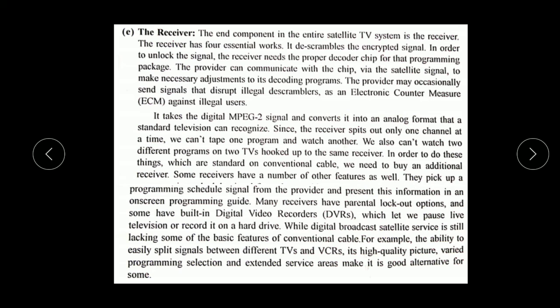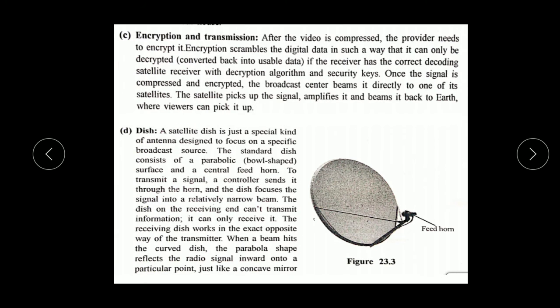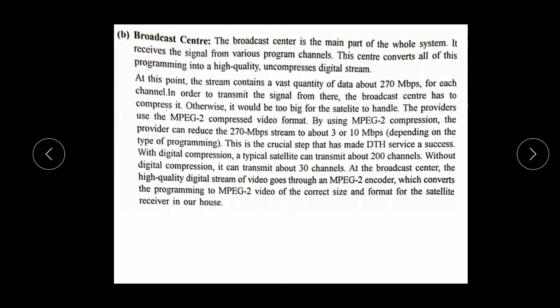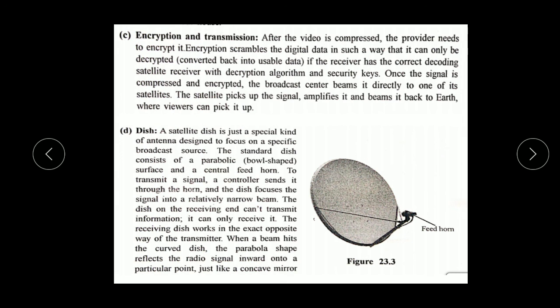So this is basically a satellite television system. This is the basic working. There are five components. The first component is the programming source, the second component is the broadcast center, the third component is the encryption and transmission section, and the fourth component is this.